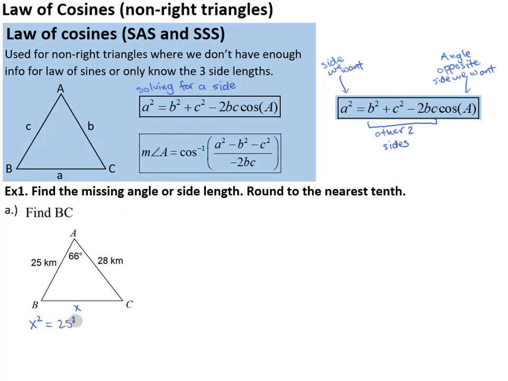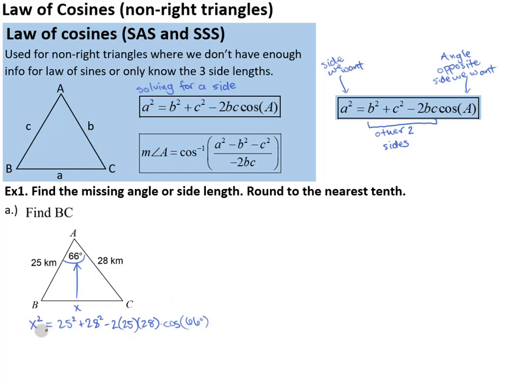So 25 squared plus 28 squared minus 2 times 25 times 28. Again, it doesn't matter if you put the 25 first or the 28 first in both of these places. Times the cosine of the angle opposite our side, so that's the cosine of 66 degrees.